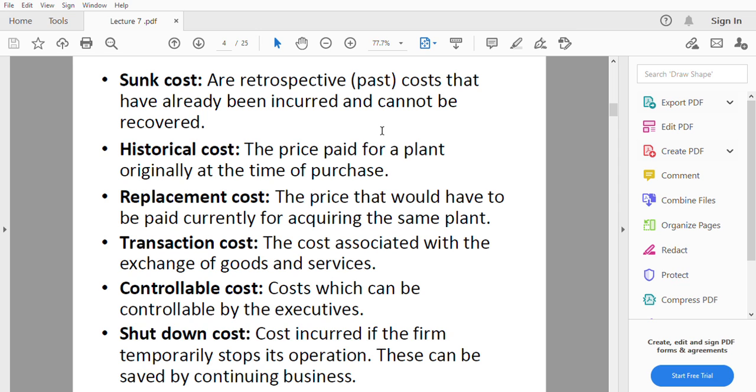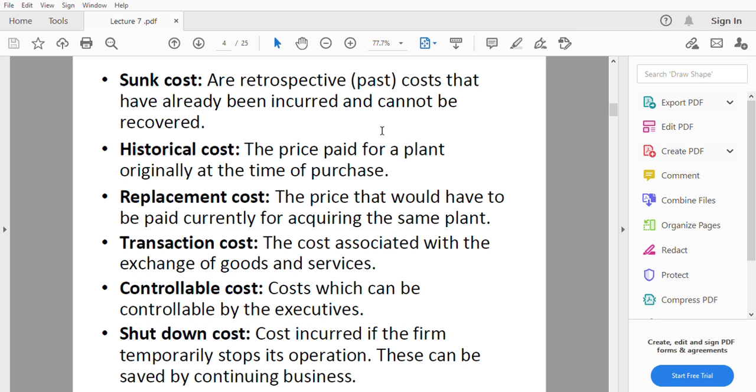Then we have the transaction cost. Transaction cost is cost associated with the exchange of goods and services. So if you are exchanging a good or a service and you bought a transport, all the cost you incur in the process of exchanging that good or service is transaction cost, including exchange rate.